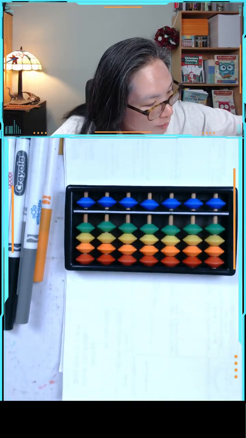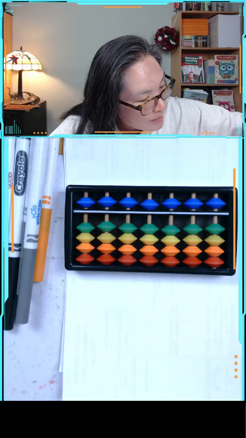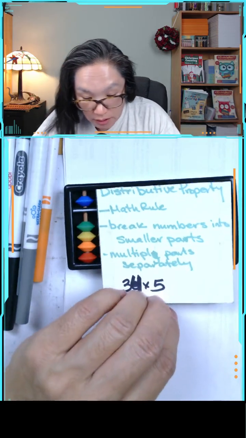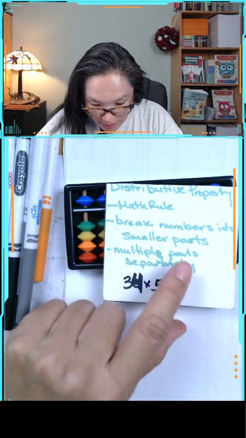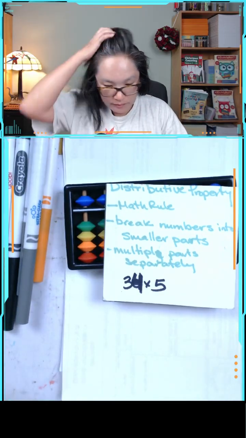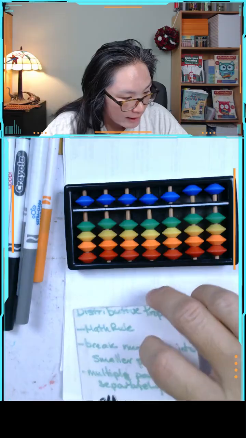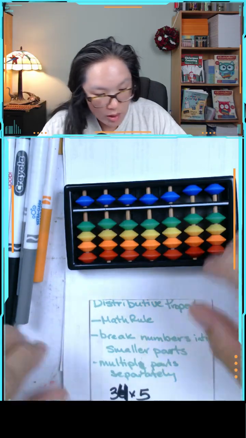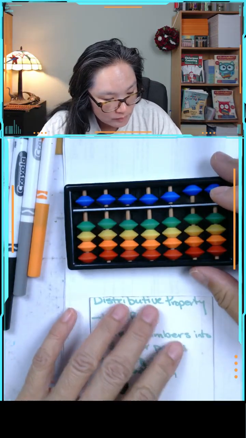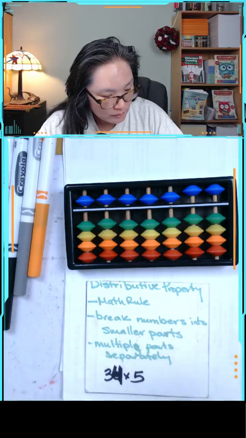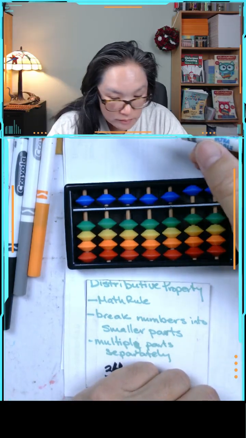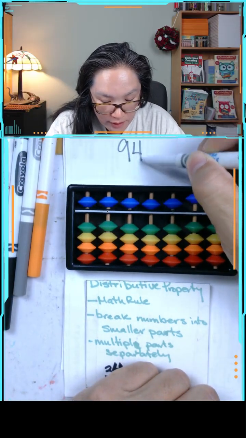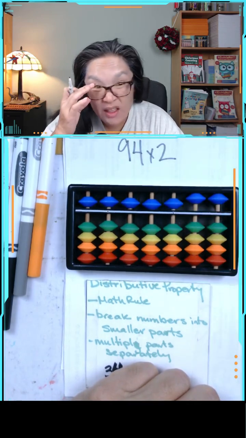What is distributive property? Distributive property means it's a math rule. It breaks the numbers up into smaller parts. So we'll do 994 times 2. Okay?